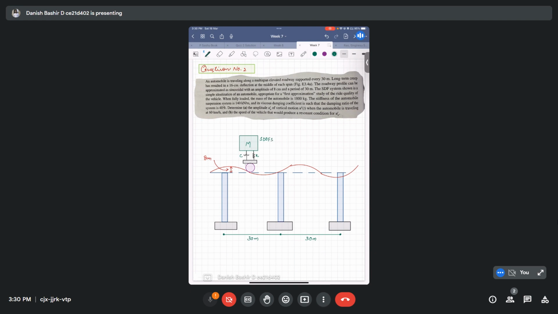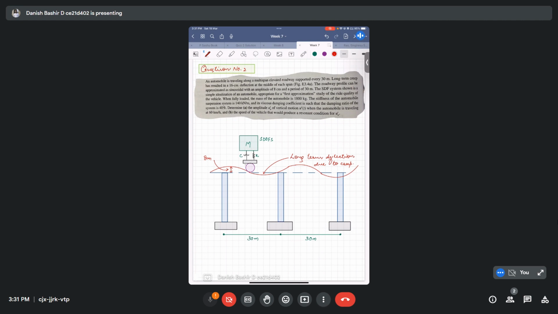So it's traveling over this profile. Let's assume that. Here it's a long term deflection due to creep.